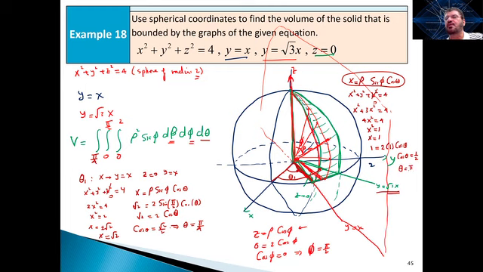When theta is equal to pi over 3. Right? Is it pi over 3? I think it is pi over 3. That's correct. So we can say theta 2 is pi over 3. So up to pi over 3.